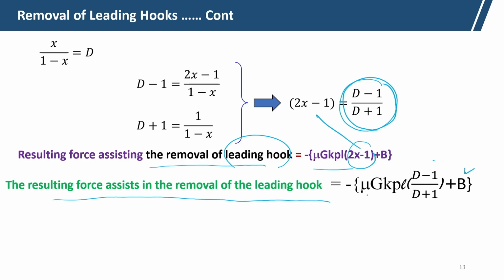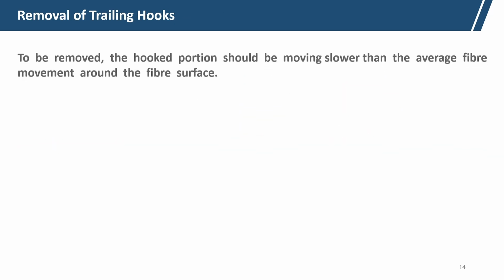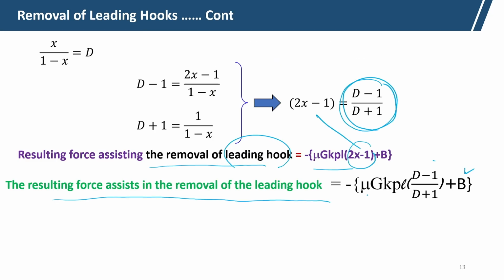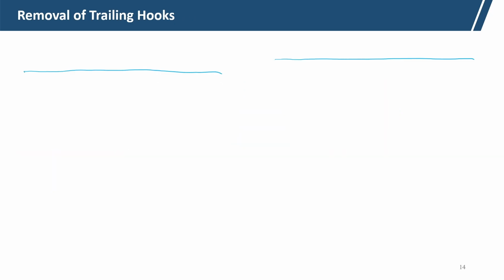So, this is the resultant force, and from there, to remove the leading hook portion, the hook portion should be moving slower than the average movement of the fibers around the fiber. So, this is the leading hook relationship. Okay.